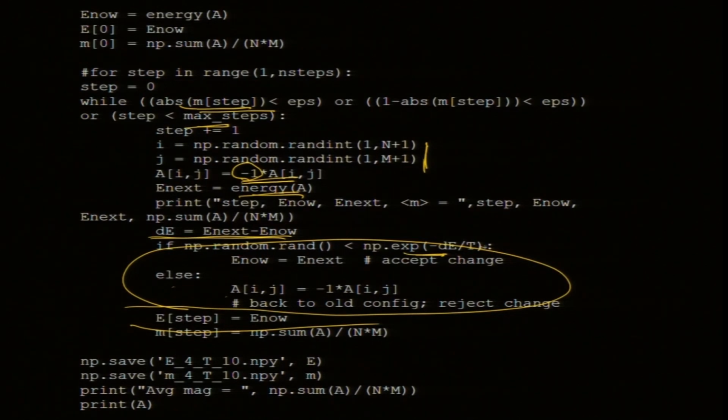Okay, I think even the lower energy case is included in this. So this way I go to lower energy or higher energy, but with this probability I implement that algorithm, and then I loop it again.